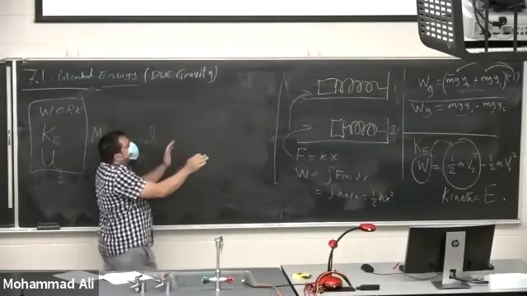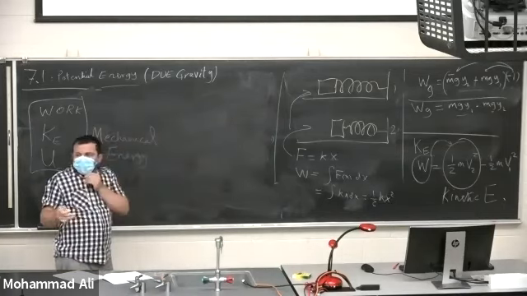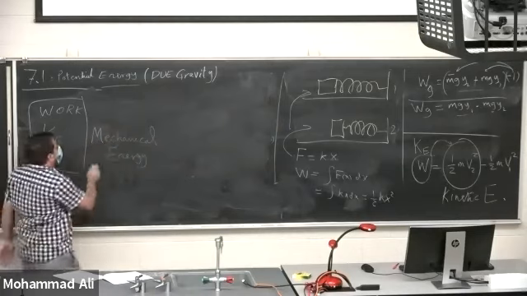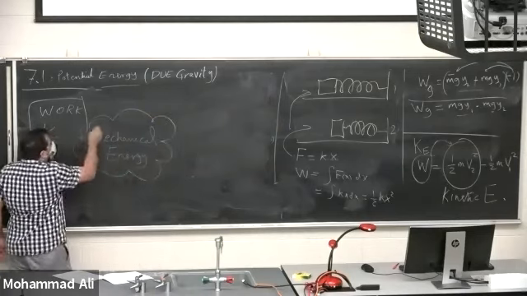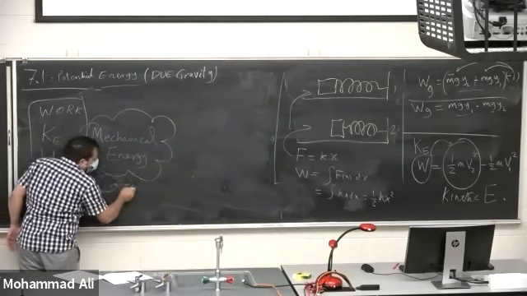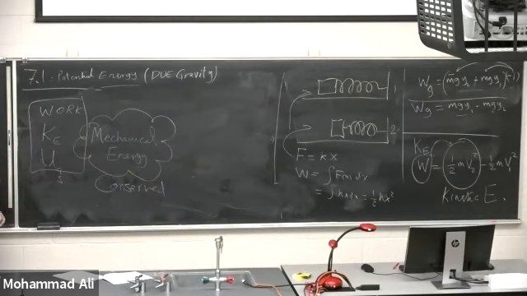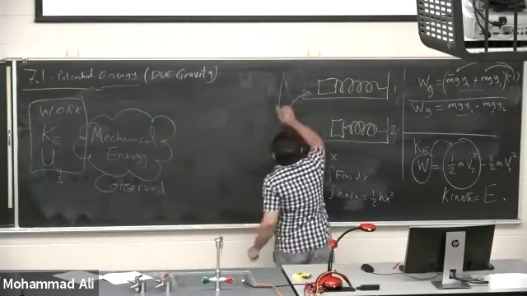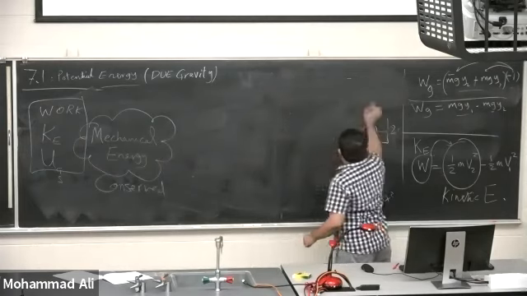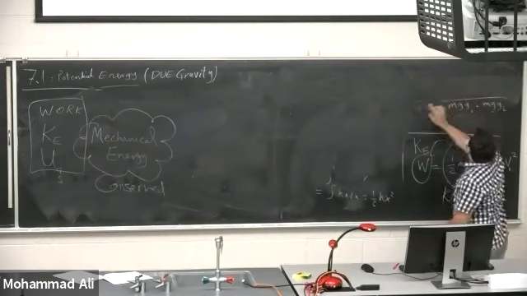In any system, in our examples, we have total mechanical energy, and this mechanical energy should be conserved. Is that clear? If we start our example with 50 joules, then this 50 joules will stay with us to the end of our problem. But these 50 joules will convert from work to kinetic energy to potential energy, and so on. Any questions so far?